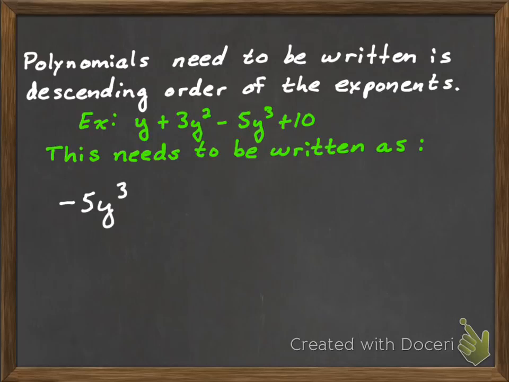Then you move on to the next largest exponent, which will be the term 3y squared. And then the next term will be plus y, and then the last term is positive 10. So descending order of the exponents, we have an exponent of 3, and then 2, and then 1, and then 0.